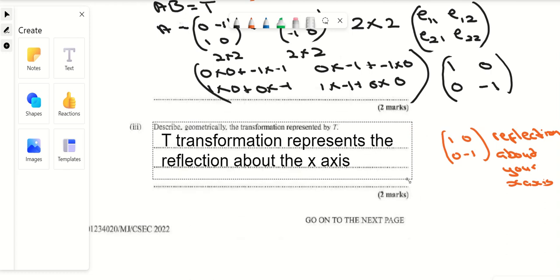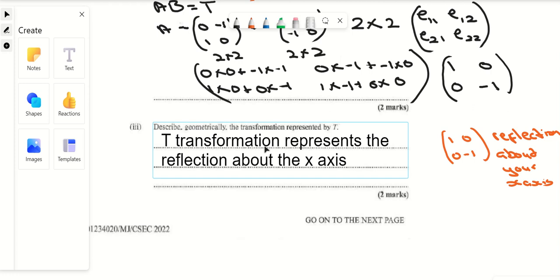Make it a little bit smaller, right, so it could fit. So T transformation represents the reflection about the x-axis. So 1, 0, 0, minus 1 is a reflection about the x-axis. Once you know that, you can answer this question, which is 2 marks. All right.